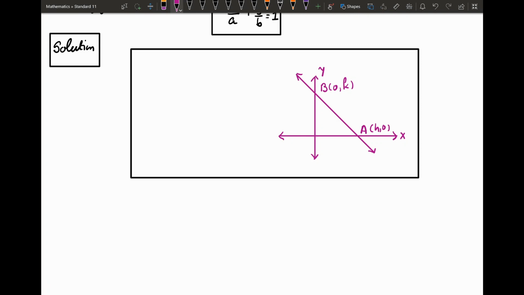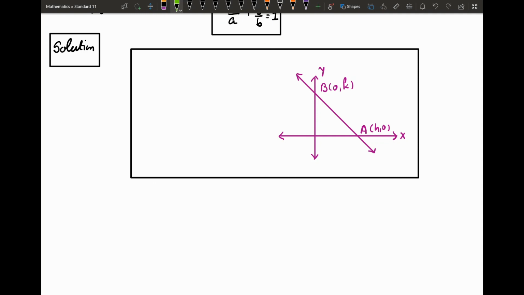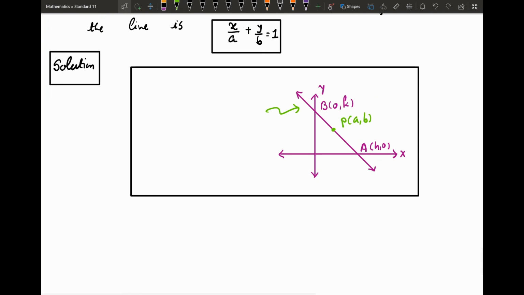Then P(a, b) is the midpoint of line segment AB. So this is the midpoint P(a, b), and for this line we have to prove its equation.